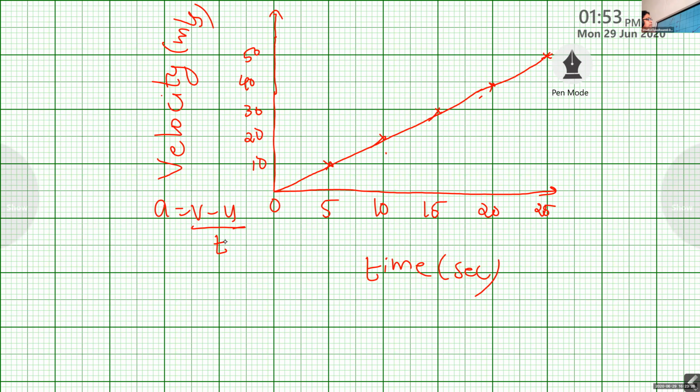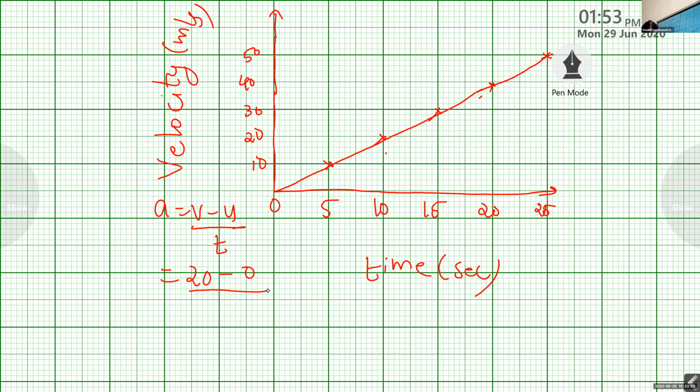And what is the final velocity up to 10 seconds? Corresponding to 10, what is the velocity on the y-axis? 20. So we substitute the value: 20 minus 0 divided by time.